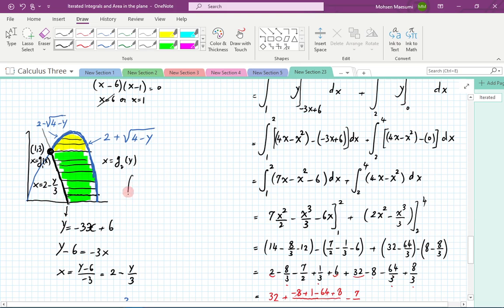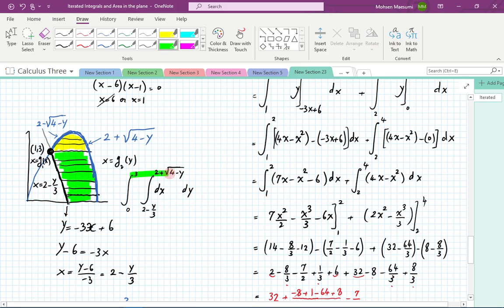Going in the horizontal direction, I write dx from the left, which is 2 minus radical 4 minus y, all the way to the right half, which is 2 plus radical 4 minus y. And then the green region starts at y equal to 0 and goes as far as y equal to 3. So that's dy. That's the green portion.